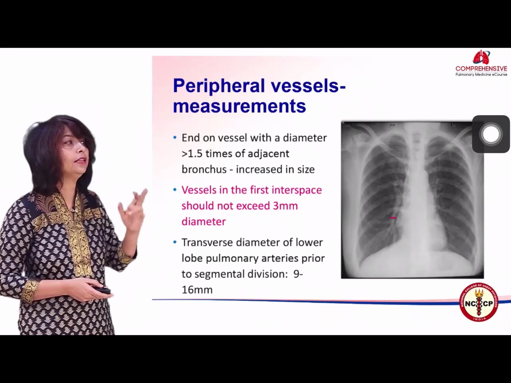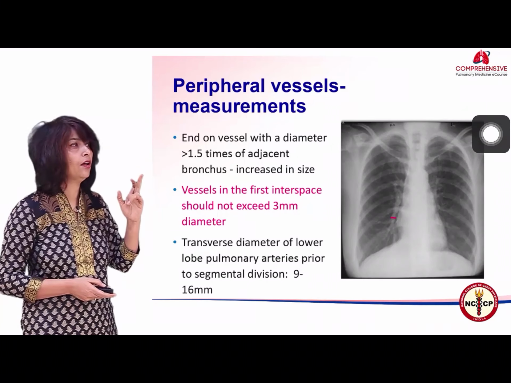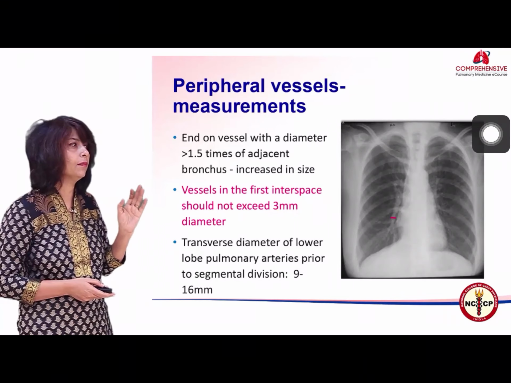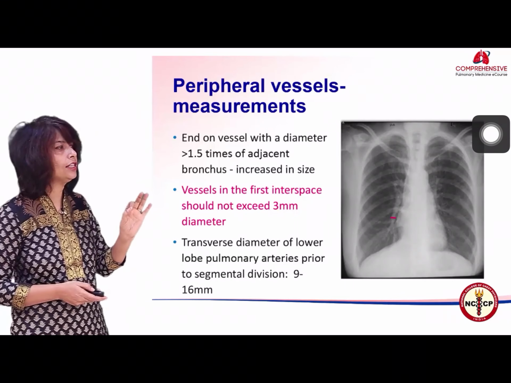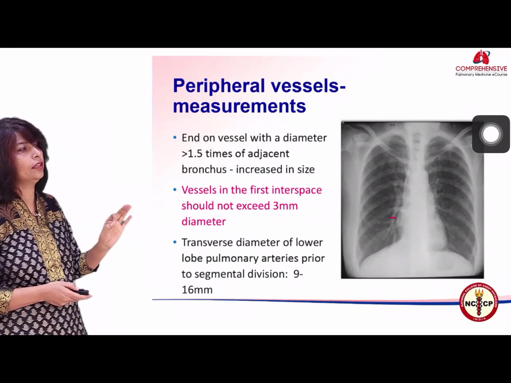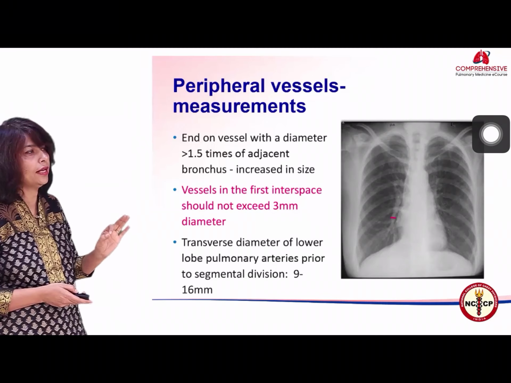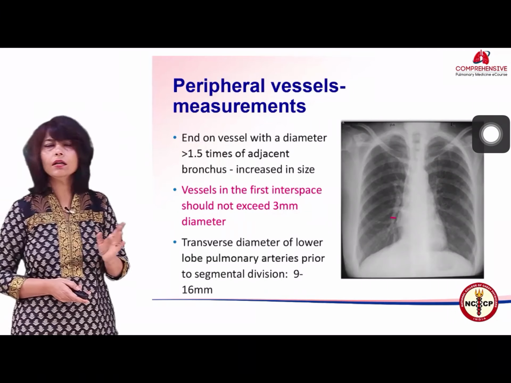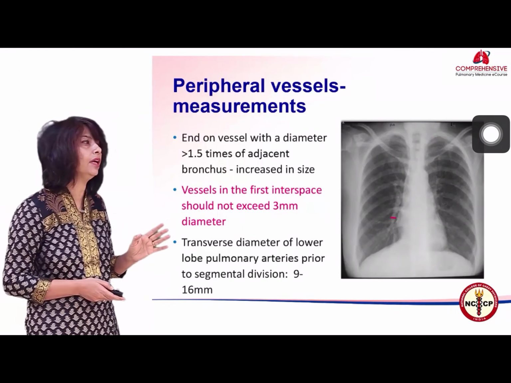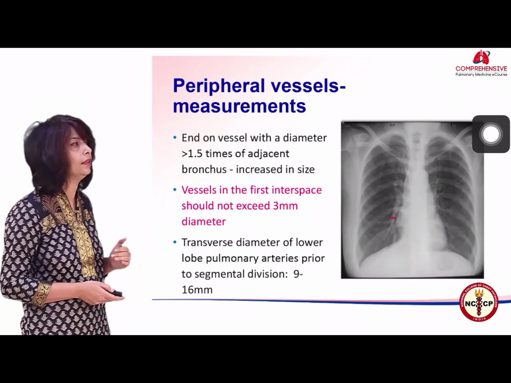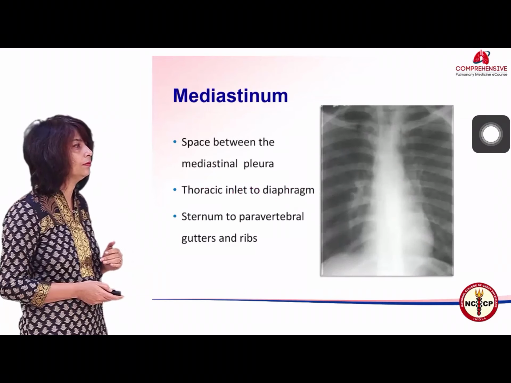Vessel visualized in the first interspace on top and exceeding 3 mm is abnormal. Then there is a transverse measurement of the descending pulmonary artery. Marked for you is the right descending pulmonary artery. There are variations, again in male, female, but broadly 16 mm is taken as the upper limit of normal.